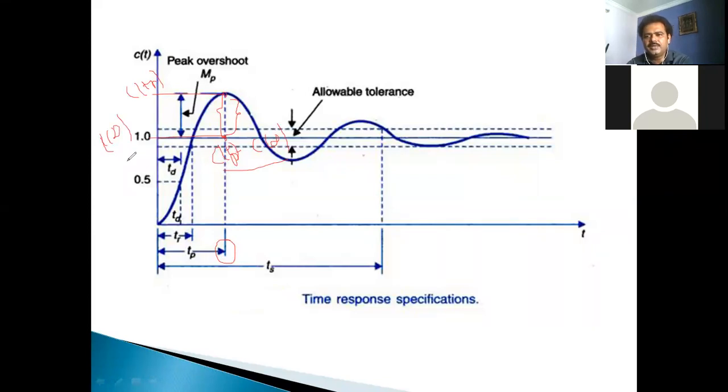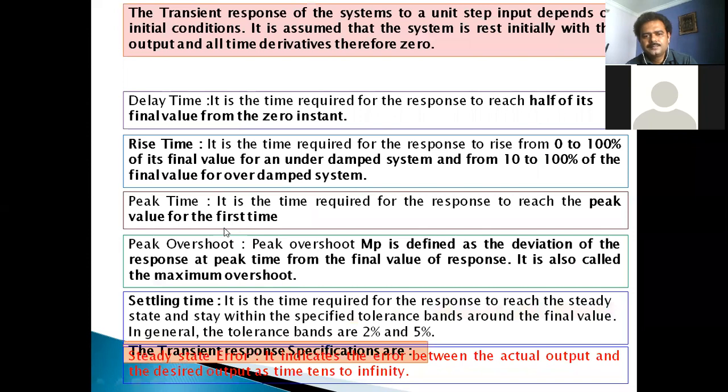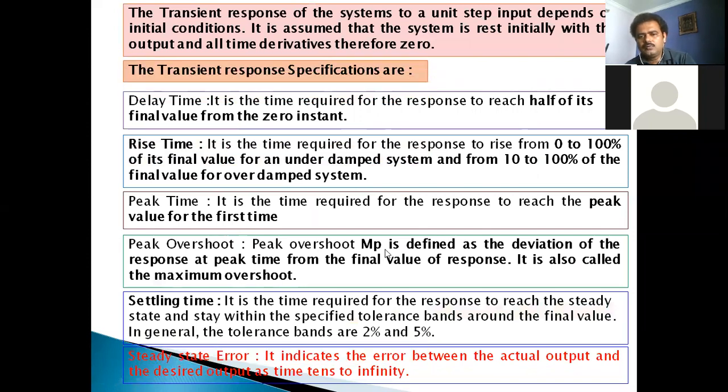Is it clear? The peak overshoot is defined as the deviation of the response at peak time from the final value of the response. It is called maximum overshoot or peak overshoot.